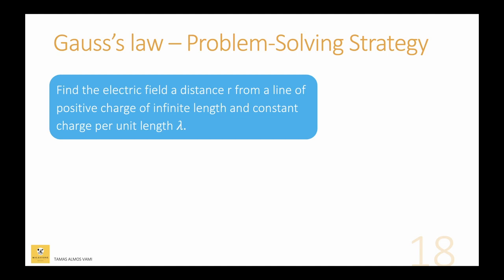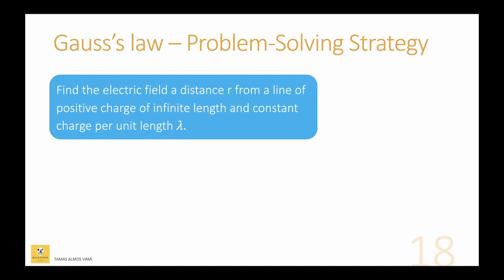Now let's do one example. The problem is that we are looking for the electric field a distance r away from a line which contains a positive charge and is infinitely long, and the charge distribution is given by the lambda one-dimensional charge density.